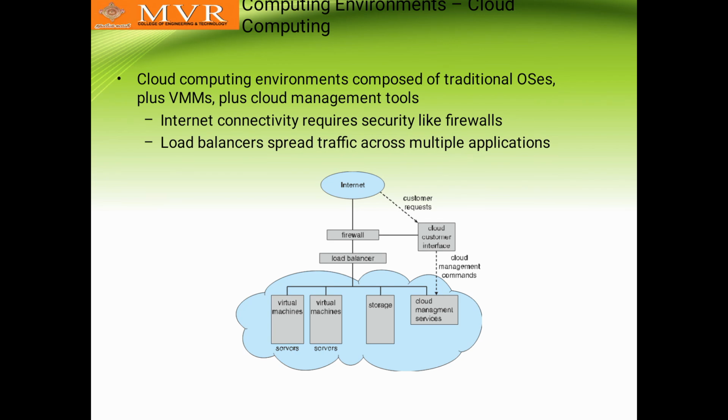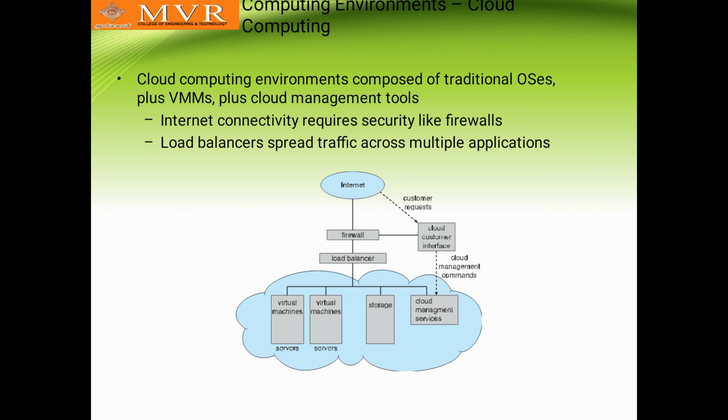Computing environment, cloud computing. The cloud computing environment is composed of a traditional operating system plus virtual machine managers plus cloud management tools. Interconnectivity requires security, like firewalls. A load balancer spreads traffic across multiple applications. See this picture.